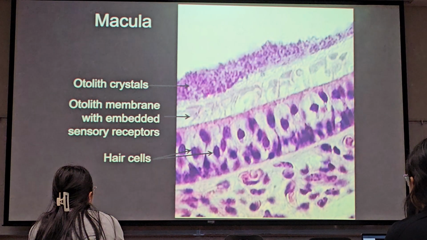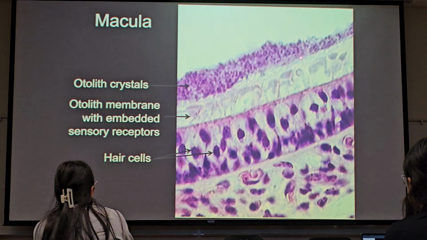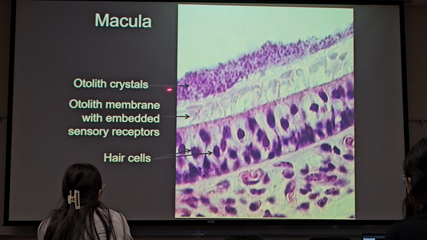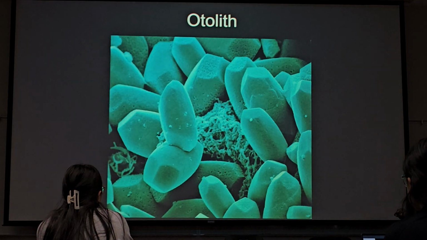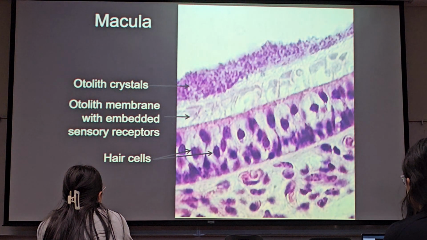It's a gelatinous membrane with tiny calcium carbonate stones embedded in it. We call them the otolith crystals. Here is the electron microscopy, showing that gelatinous matrix that they are embedded in, the macula.